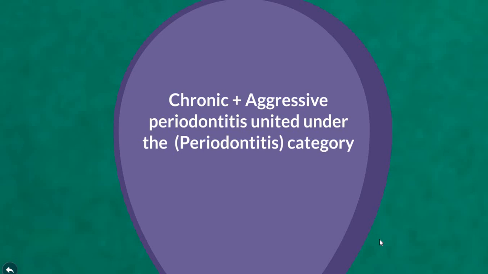As I told you, during recategorization, chronic and aggressive periodontitis became titled under one title, which is periodontitis. Simply periodontitis. There is no more aggressive periodontitis. There is no more chronic periodontitis. It is just a periodontitis case.